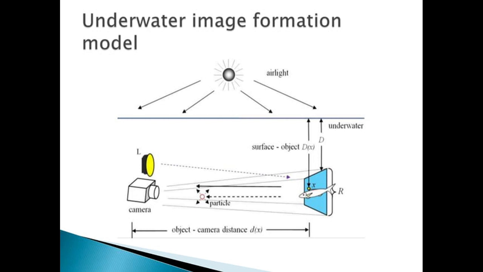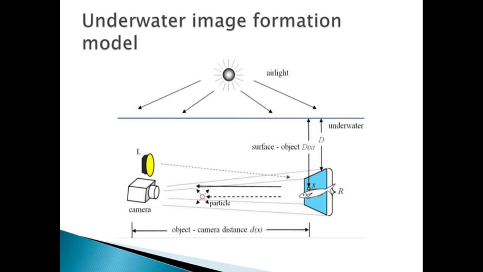You see here, it is underwater. This horizontal line separates the illumination source from the underwater region. Here you see many factors. In the air light, the object and camera distance creates some challenges, and so does the distance from the surface layer to the depth where the object is present.